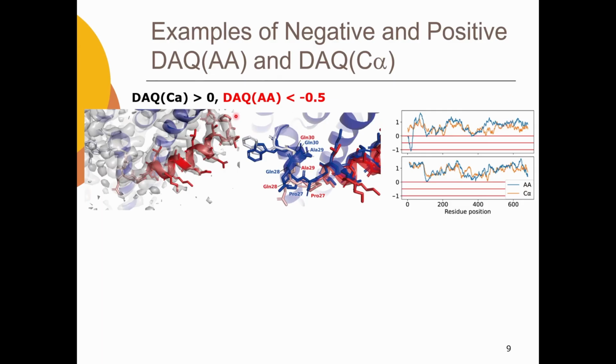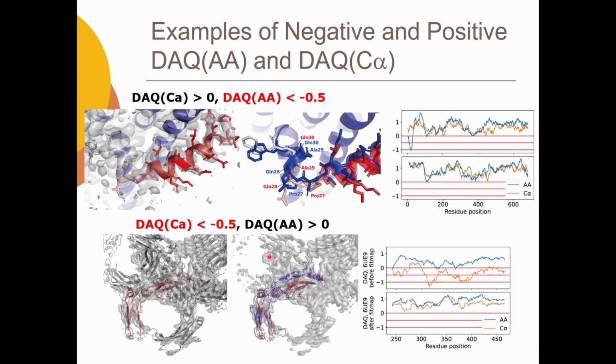In this case, since the C alpha score is positive, the helix is a helix. This is correct, we believe. But the amino acid assignment is wrong in this helical region. And if you shift it, then everything goes positive. This is after shifting: blue is after shifting, red is in PDB.